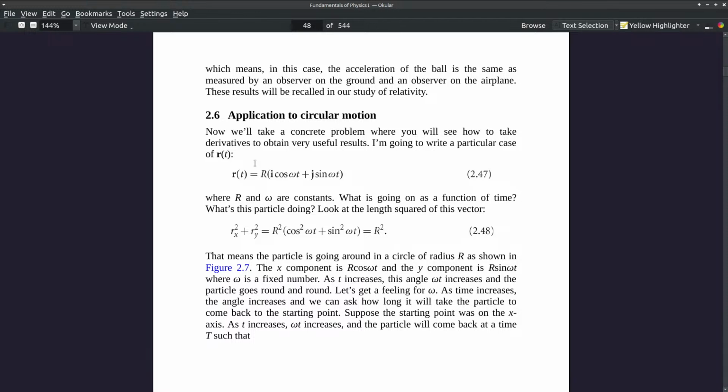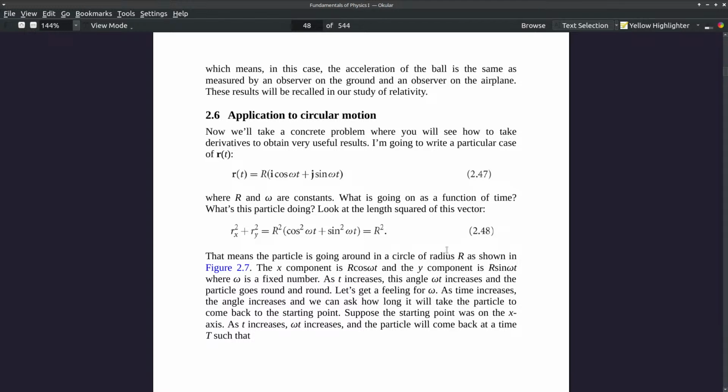What's this particle doing? Look at the length squared of this vector. Rx squared plus Ry squared equals r squared times the cosine squared of omega t plus sine squared of omega t, equals r squared. That means the particle is going around in a circle of radius r, as shown in figure 2.7.